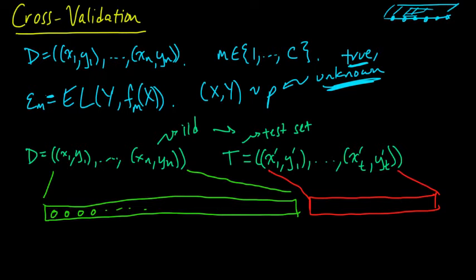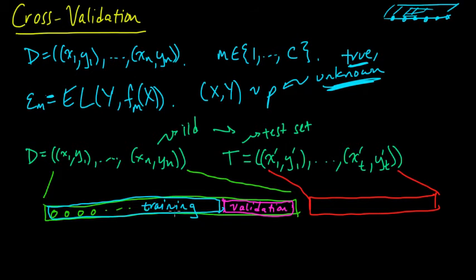Let's split this, say maybe here, into a validation set. We call this the validation set, and over here, all the rest, a training set.